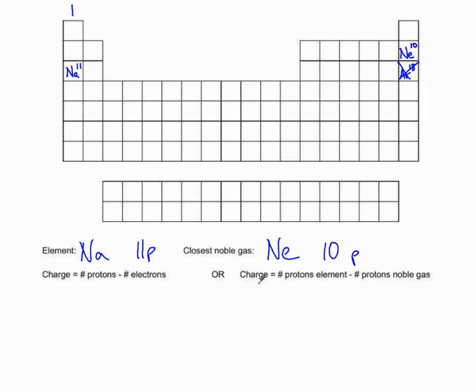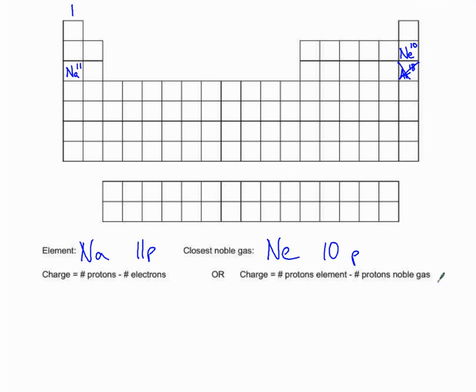The charge of an ion equals the number of protons in the element minus the number of protons in the noble gas. These two things, the number of electrons in the ion and the number of protons in your closest noble gas, are actually the same number. And they are related, but to keep things simple, I'm going to use this over here to illustrate what's going on.